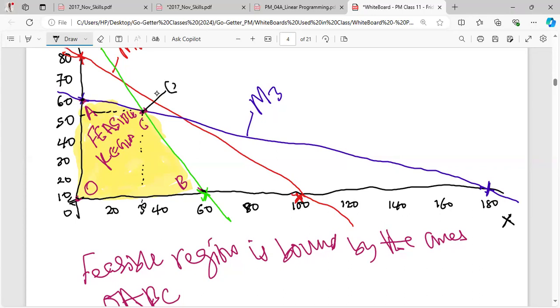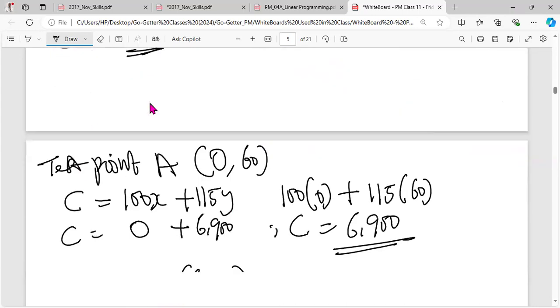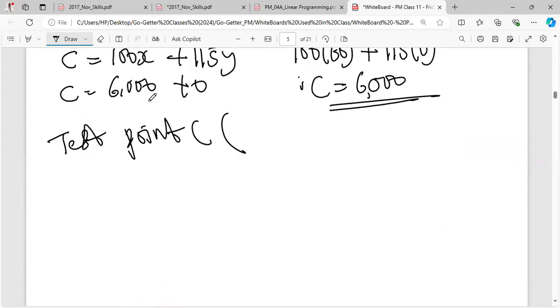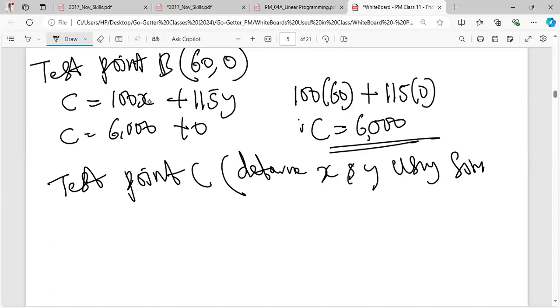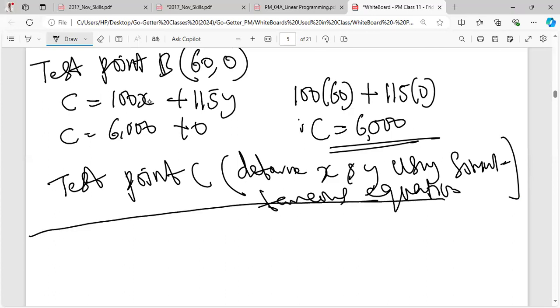This is X and Y. So you just keep them as X and Y, and you will say you need to determine X and Y using simultaneous equations. So we are going to use simultaneous equations.